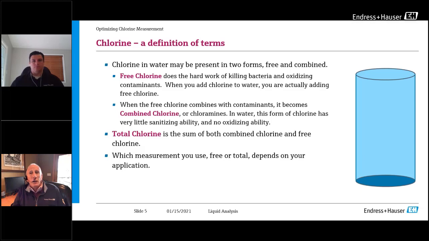And it's the free chlorine that really does the hard work of killing bacteria and oxidizing the contaminants in the water. So when you take chlorine in whatever form, liquid, solid, even gaseous form, and you add it to water, initially all of that chlorine is present in that water in the form of free chlorine.